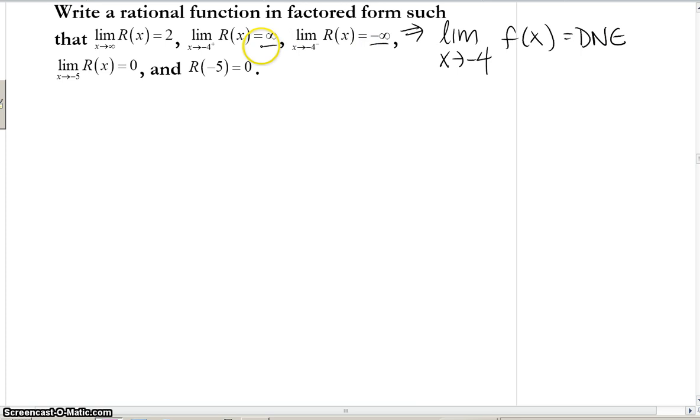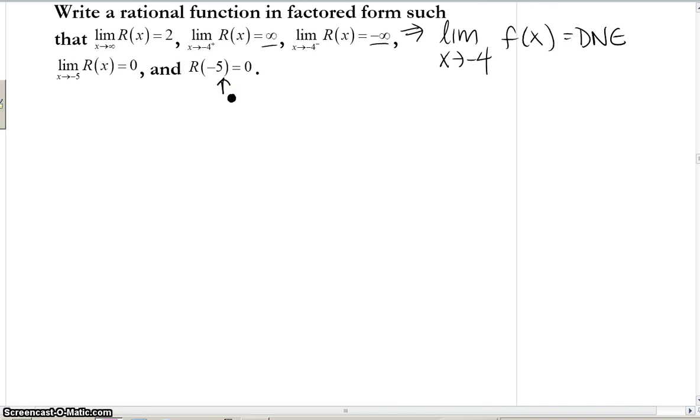Because these are not the same. And we also have the limit as x approaches -5, r of x approaches 0. And r at -5 is 0, which tells us we have a closed circle.